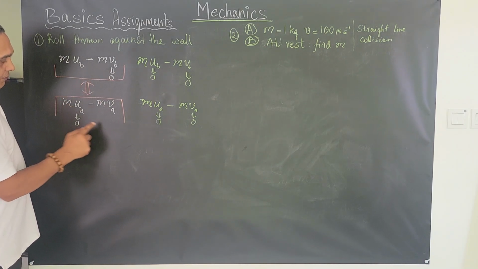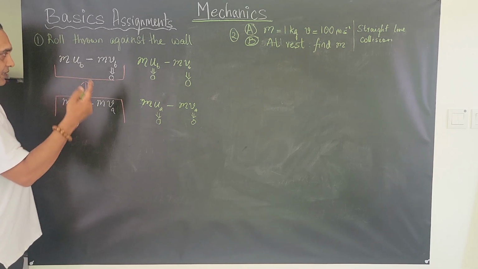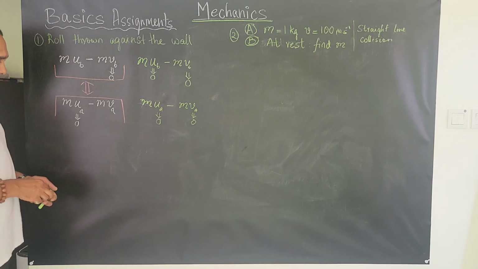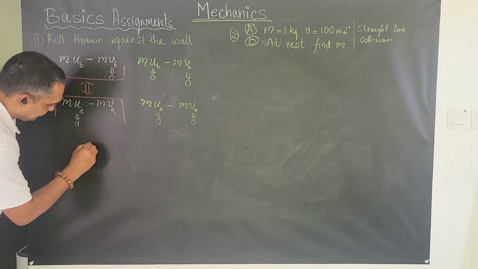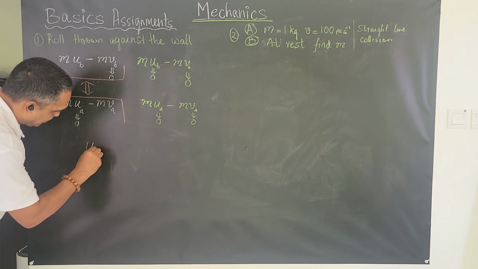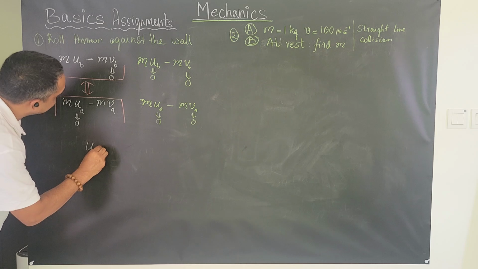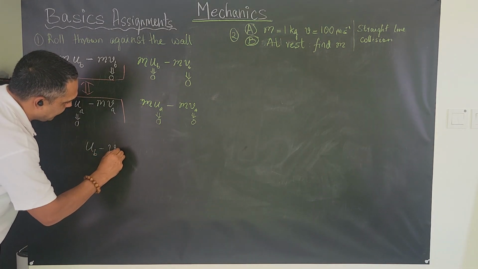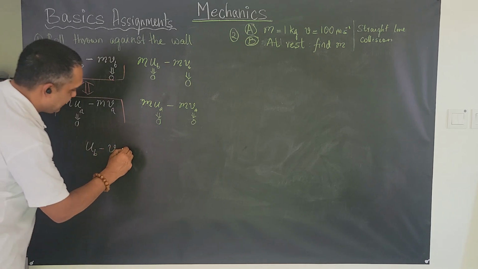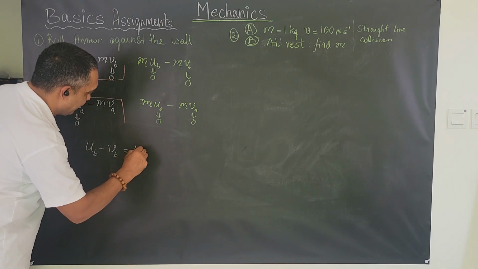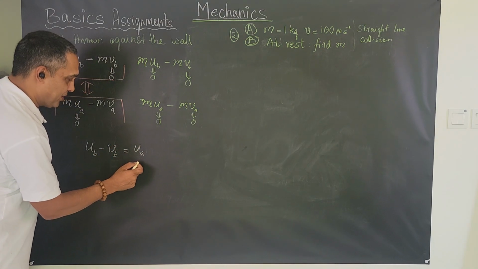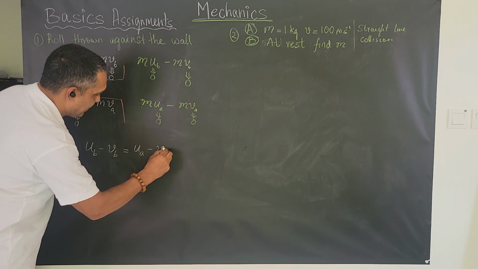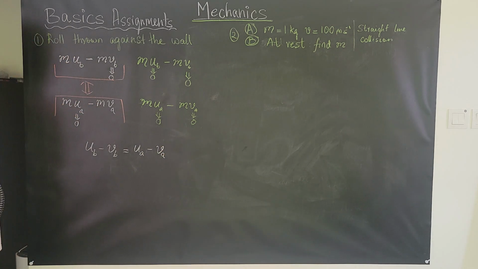If I equate this difference and this difference, since mass really hasn't changed anywhere, I could simply write this as initial velocity before minus final velocity before, which is 0, would be equal to initial velocity after, which is 0, minus final velocity after.